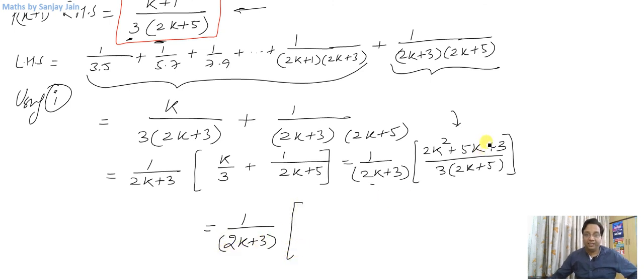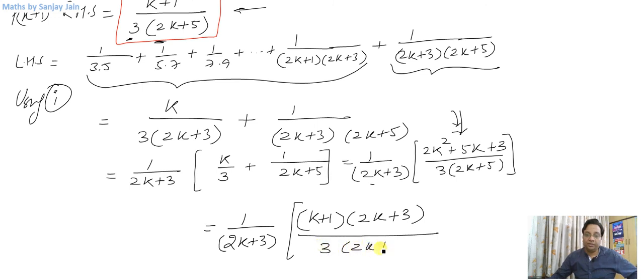I am writing the factors of this quadratic directly, which are (k plus 1)(2k plus 3), and then divided by 3 into (2k plus 5). And you can also do that, right? It is perfectly okay. The examiner cannot cut your marks here. Why? Because this is perfect factorization. This quadratic has got these factors, so I have written it in factorized form.